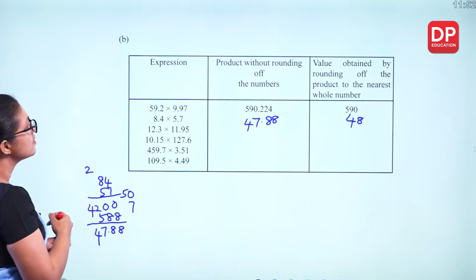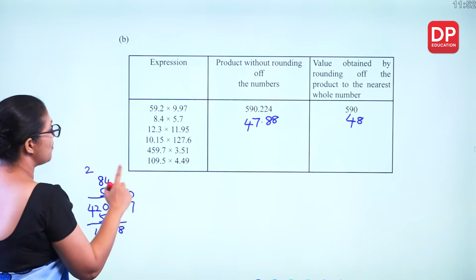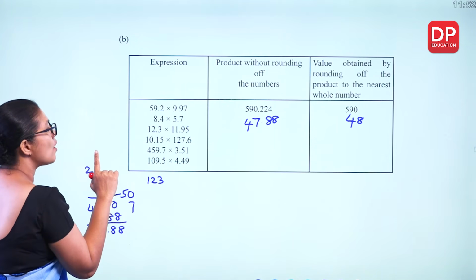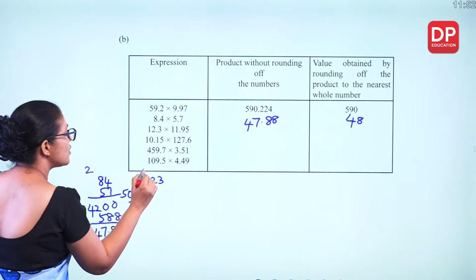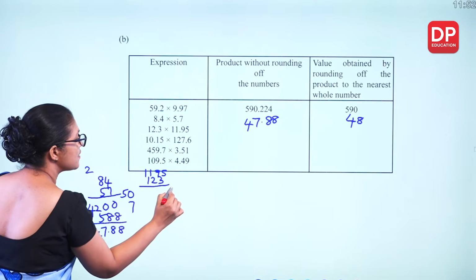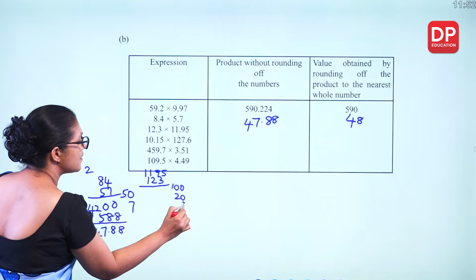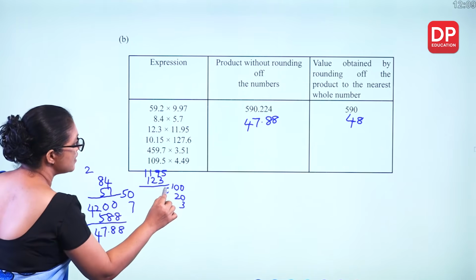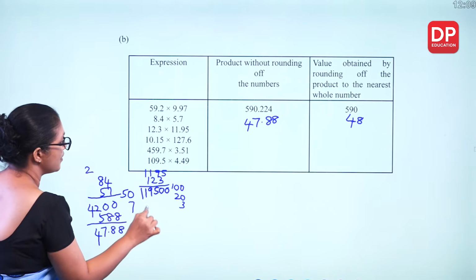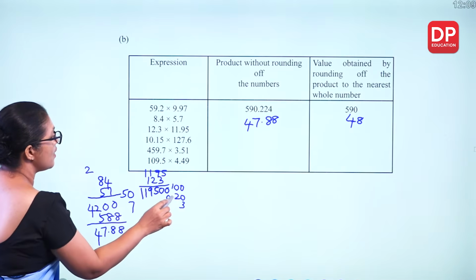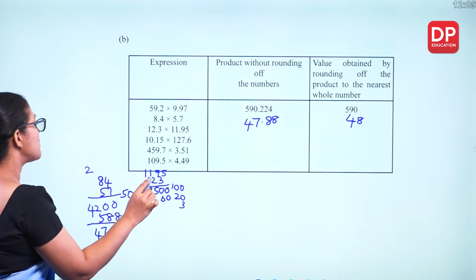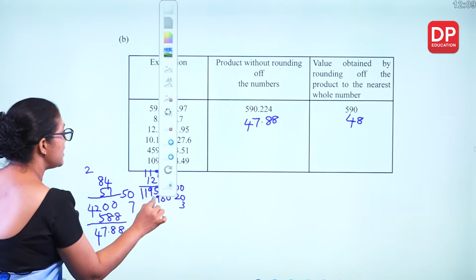This one, 12.3. So 123 multiplied by 1195. So I'll do it the other way around. 1195 multiplied by 123. 123 multiplied by 100. 2 zeros and multiplied by 1. Put 1 0 and multiply by 2. 2 times 5, 10. And 2 times 9, 18 plus 1, 19.